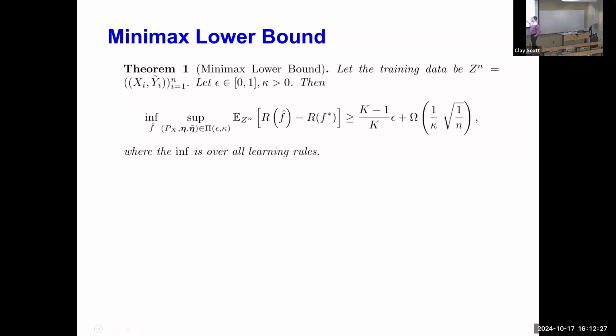Here f hat indicates a learning algorithm, just an algorithm that is based on that training data. And this is your excess risk. So this is minimax. You're only looking at distributions in this particular class we just defined. And this is bounded below by an expression with two terms. And the key point is the first term doesn't depend on n.